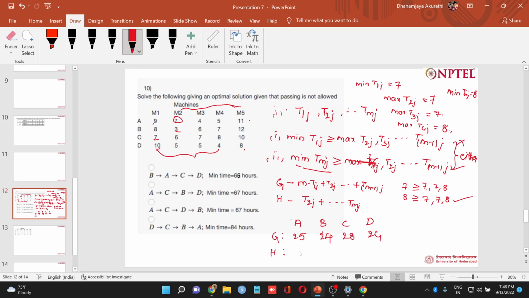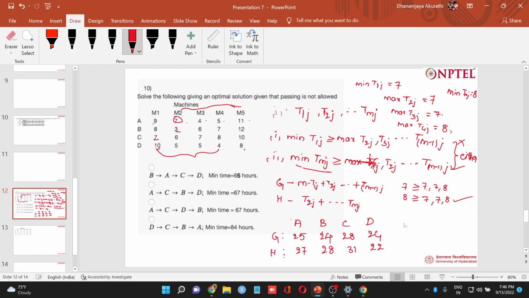For mission H, we sum from mission 2 to the last: 7 plus 4 plus 5 plus 11 is 27, then 28, 31, 22. So here we obtained the 2 missions and 4 jobs case.